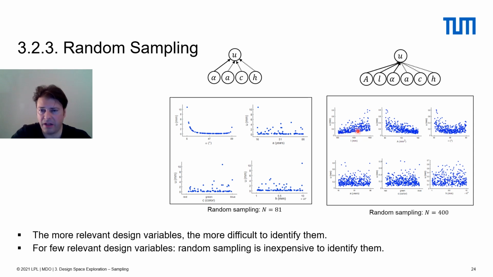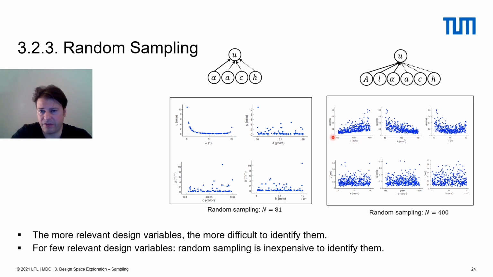And you can tell when you have three design variables that are relevant, your scatter plots for relevant design variables and your output quantity will look somewhat blurry or fuzzy. If you only have one design variable, you can identify a very crystal clear dependency.